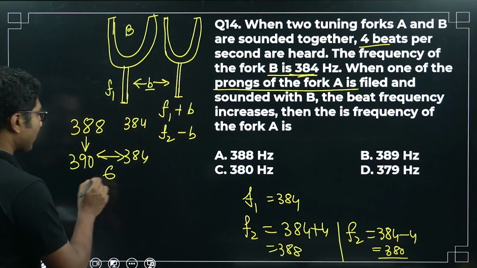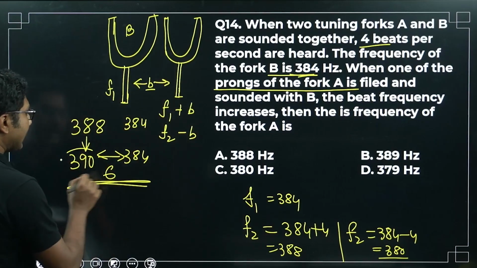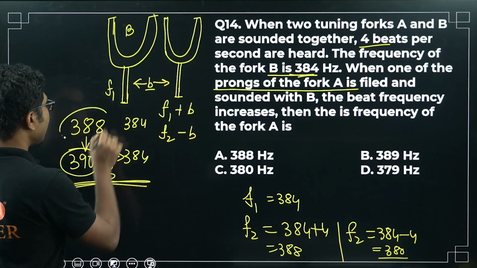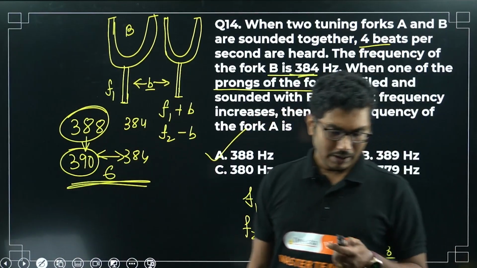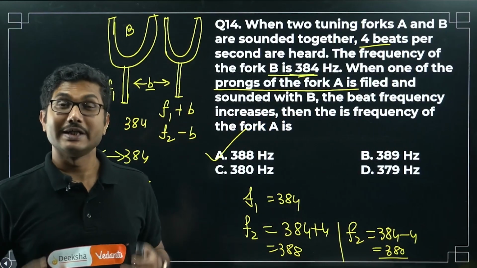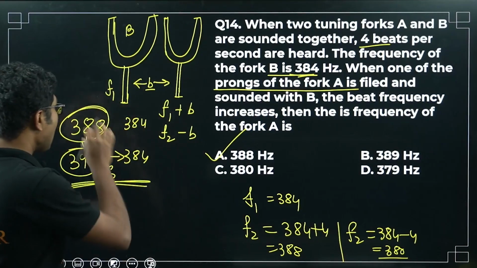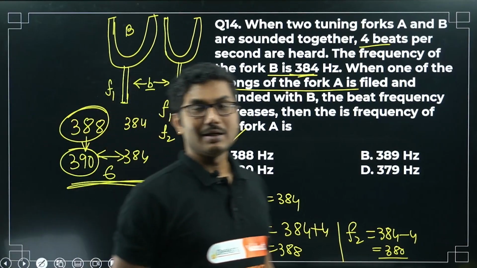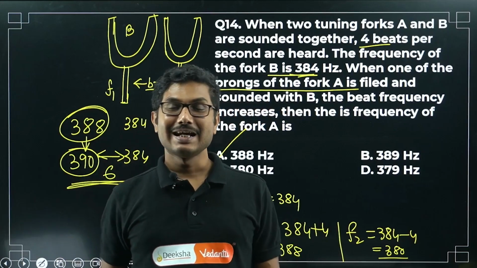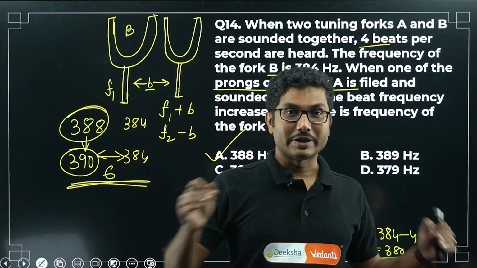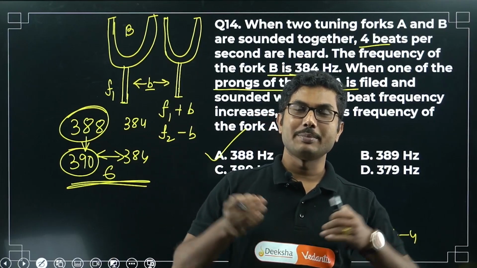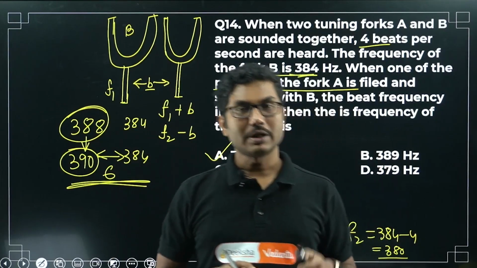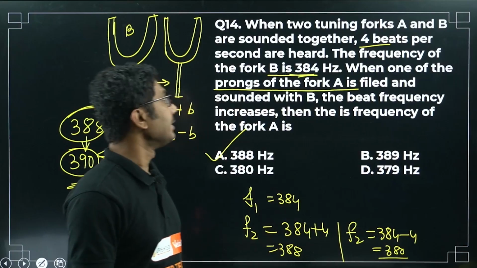So if the beat frequency has to increase, that means it cannot be 380 but it will be 388. So 388 is the answer. Okay, clear? If the beat frequency decreases, in that case you could have said that the answer was 380. But since the beat frequency increases, it will be 388. The same question can be asked as: what will be the answer if the beat frequency decreases? In that case the answer would be 380.